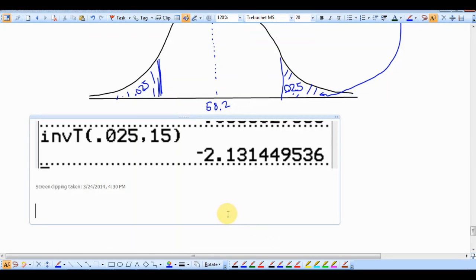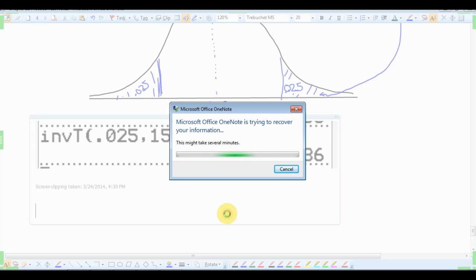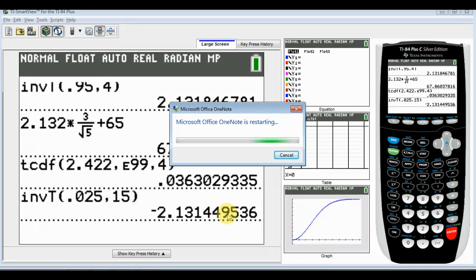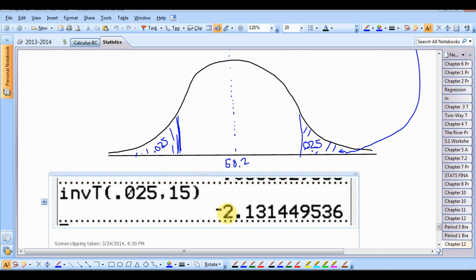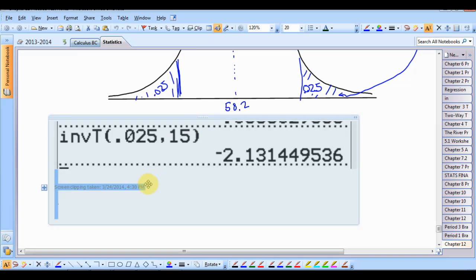I'm getting an error too. One more time? No, it's 15 degrees of freedom. It's the t with 15 degrees of freedom.